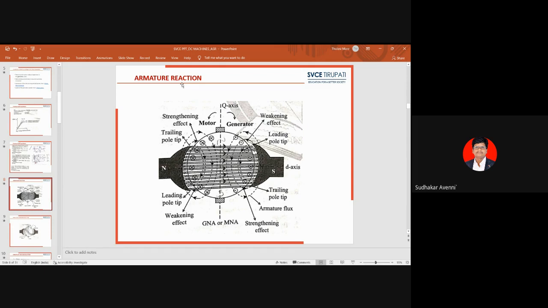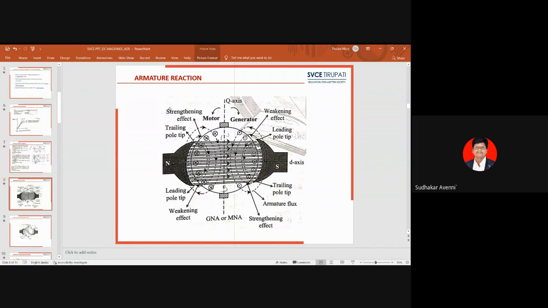Actually, the generated voltage is directly proportional to flux and speed. The generator is always run at rated speed, which is the maximum possible speed. Because of this, the generator will build up the rated voltage.